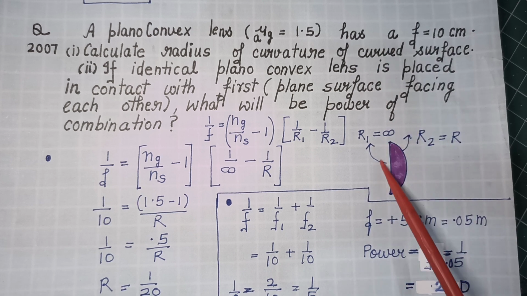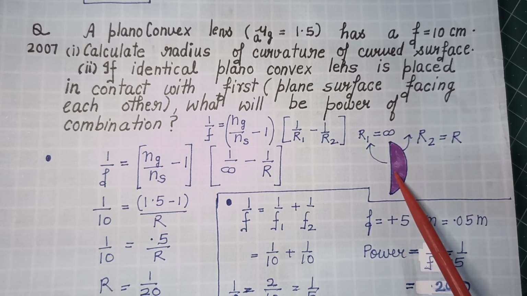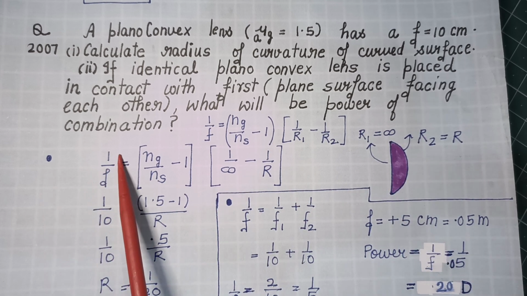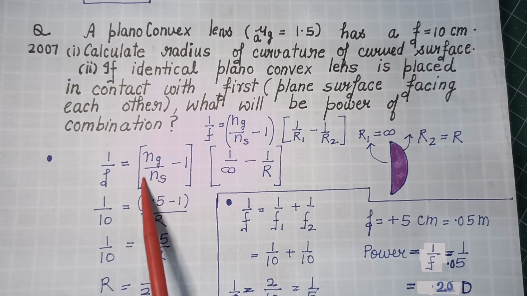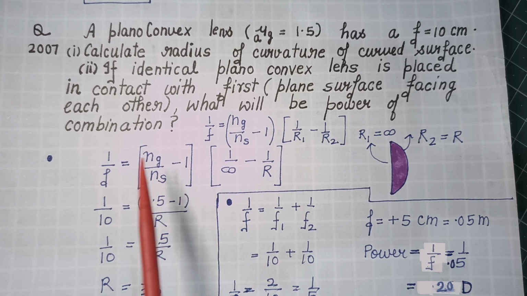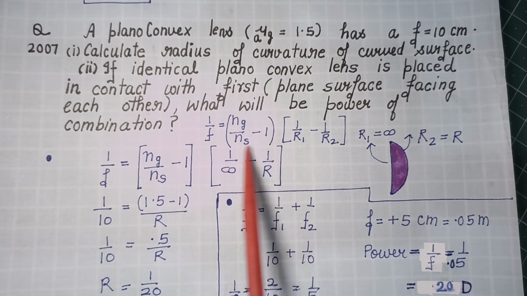First write lens maker's formula for this lens and substitute the values of different quantities in the formula. 1 upon f is refractive index of glass upon refractive index of surrounding medium minus 1 into 1 upon R1 minus 1 upon R2. This is the formula.